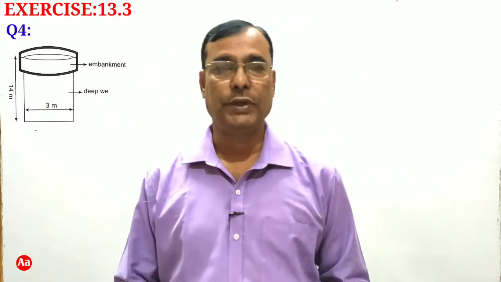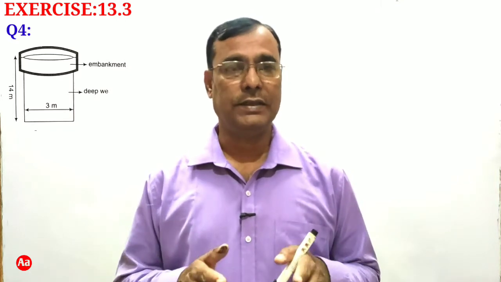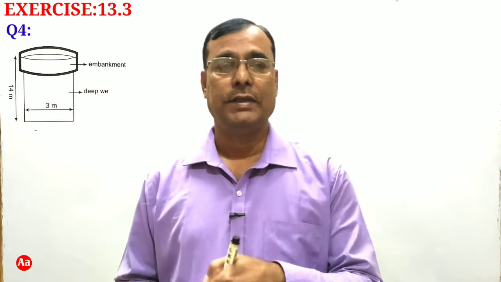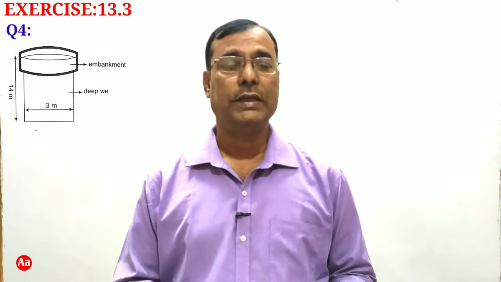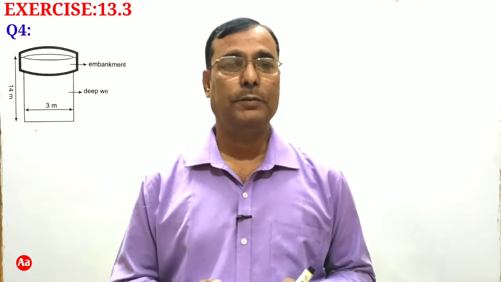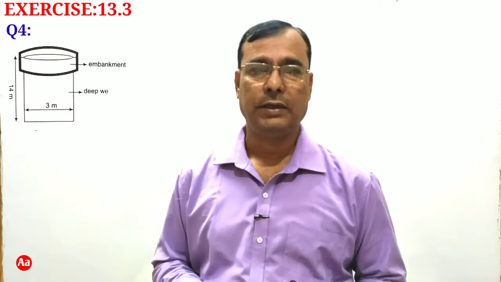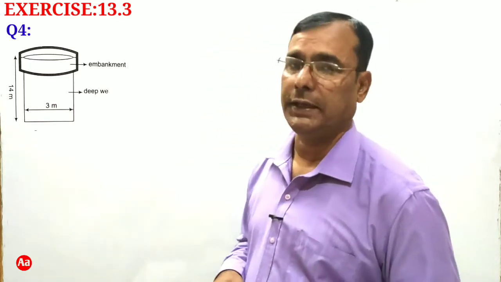We have to find height of the embankment. So in this case also, volume of the earth that has been evenly spread around the well in the form of circular embankment will be equal to volume of the earth dug out from the well. So this concept here also we are going to apply.